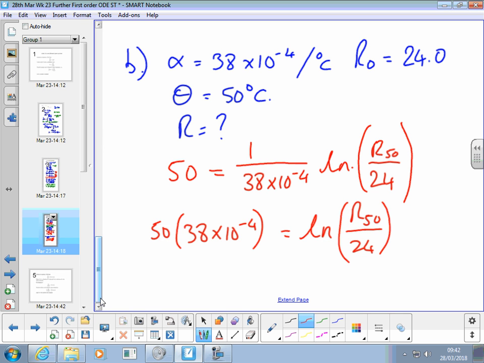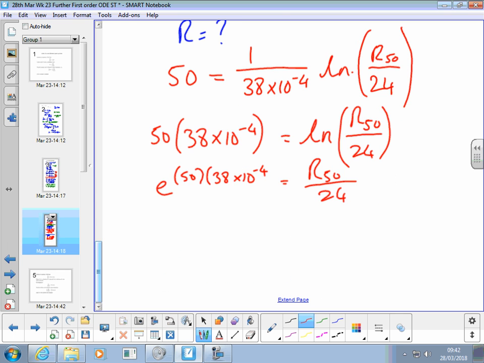So we take e to the power of both sides, and then we multiply by 24.